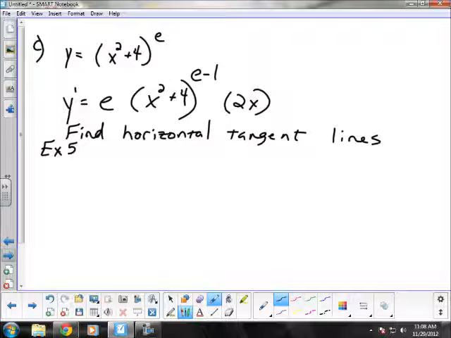Because I tell you to, that's a good reason. But what is going on when the tangent line's horizontal? It's touching at a turning point, right? It's a place where it's been going up and it's turned around and going down, and that's when my slope is exactly 0, right? And so a horizontal tangent line is one that's got m equals 0. Okay, so that's the connection with what we've been doing.